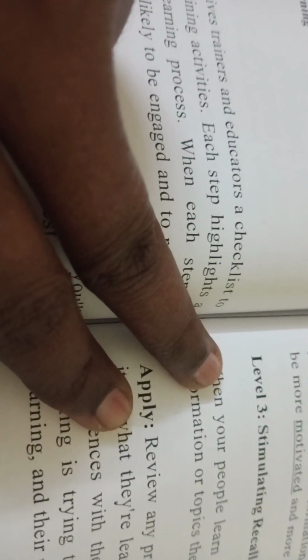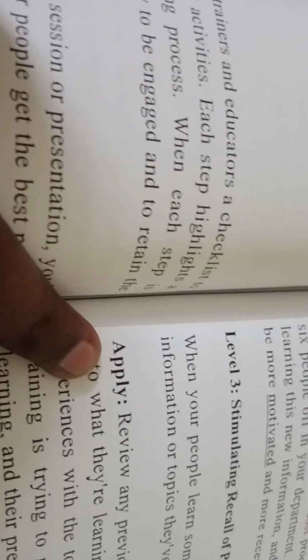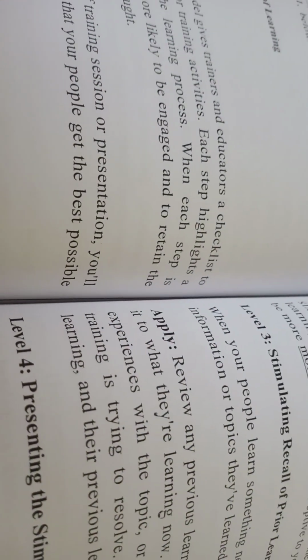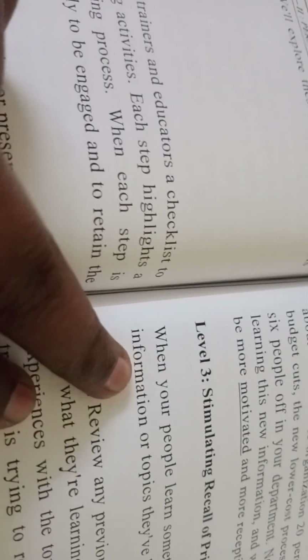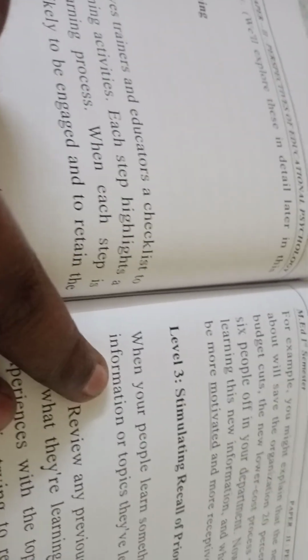For example, you might explain that the new process that they are going to learn about will save the organization 20% in overhead fees. Because of recent budget cuts, the new lower cost process will help your organization avoid laying 6 people off in your department.